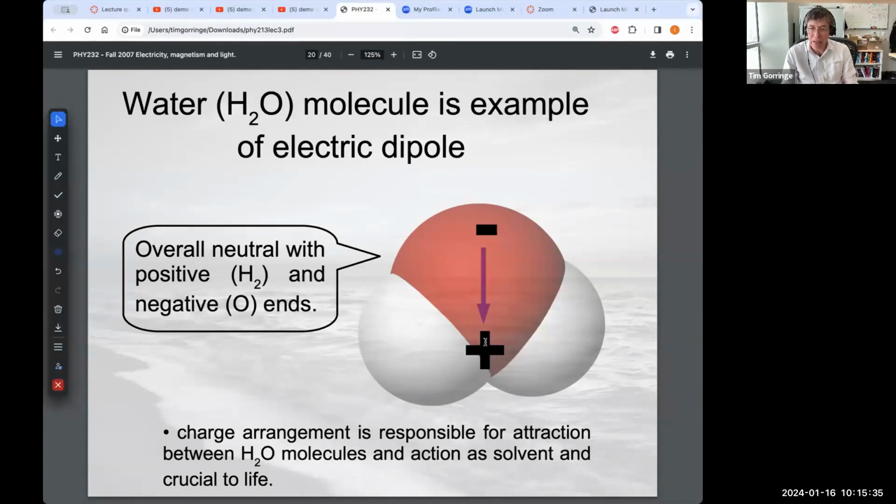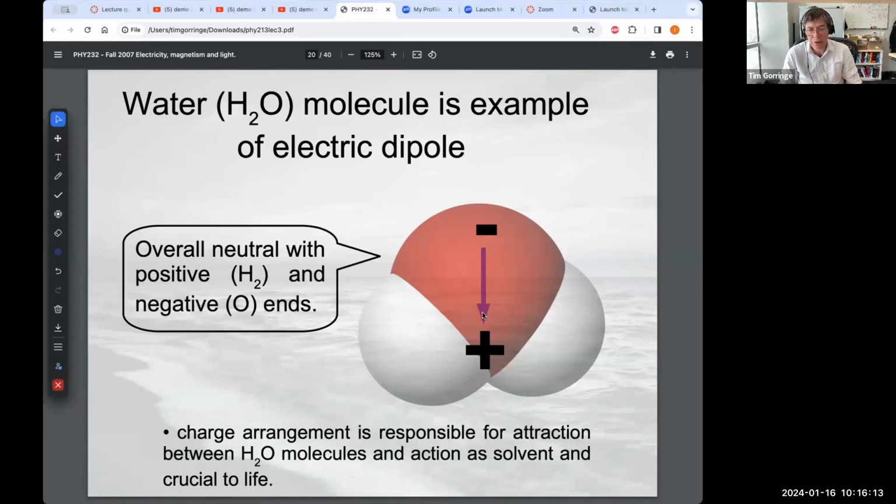And those positive and negative charges are equal and opposite, because overall the water molecule is neutral. It's made up of equal amounts of positive and negative charge, so these must be equal and opposite. We just redistributed the charges like we did with rubbing a glass rod with fur or a plastic rod with silk. We didn't rub the water molecule, but it arranged itself so that it redistributed the charge to create a positive and negative end, and that positive and negative end are separated by some distance. I indicated that in magenta here.